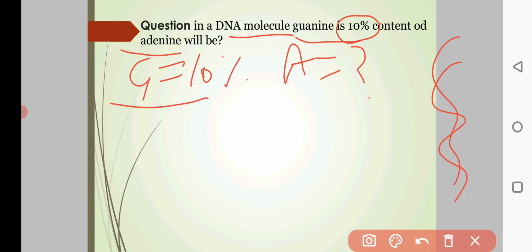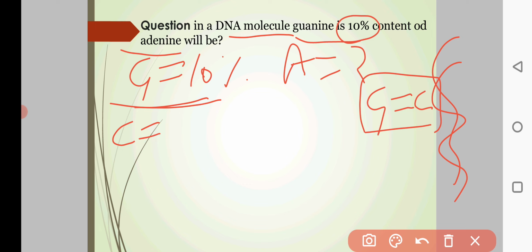So we all know that guanine always pairs with cytosine, means it is always equal to cytosine. So if guanine is 10%, then cytosine will also be 10%. So they are together 20%.